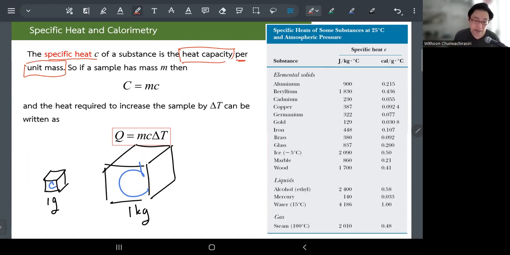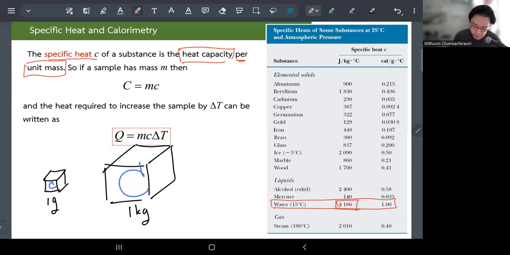Cool? So with that, you don't mind how many grams or kilograms of water you bring in. As long as it's water, you always know that every 1 kilogram of water will have a heat capacity of 4186 joules per kilogram.